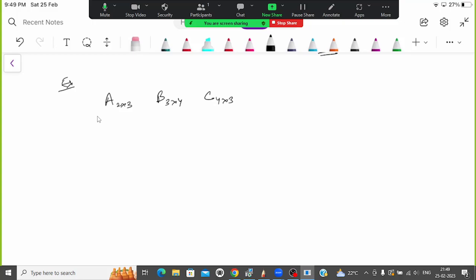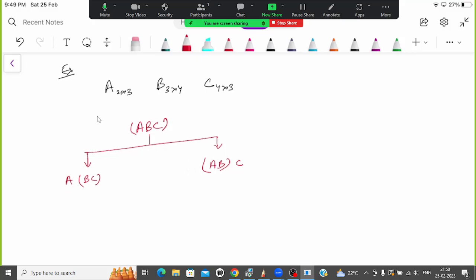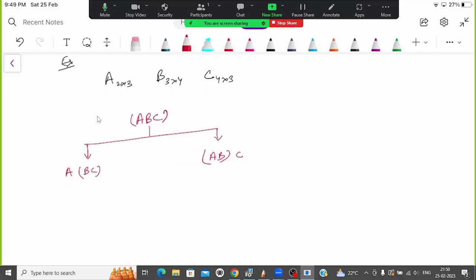Now you are multiplying A, B, C. You want to know the number of additions and multiplications involved in getting matrix ABC. There are two ways to get the ABC matrix: you multiply A with matrix BC, or you multiply the AB matrix to the matrix C. So you need to check the number of multiplications involved in these two processes.